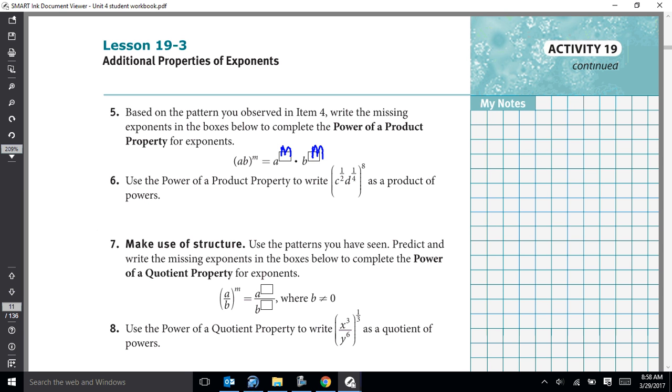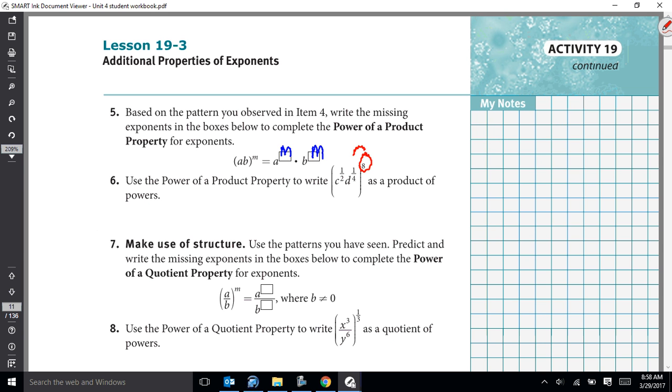All right, so use the power of a product property to write C to the 1/2, D to the 1/4, the whole thing to the 8th power, as a product of powers. So what are we going to do with our 8? Is it just going to sprinkle its exponent on one term? No, it sprinkles it on everything inside the parentheses, right?